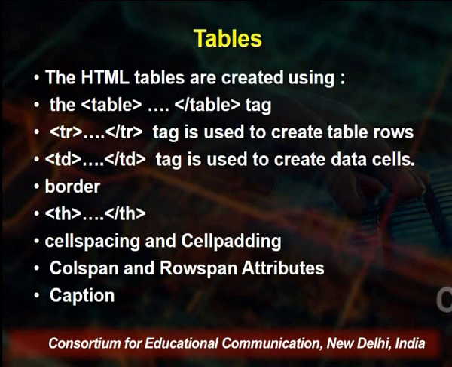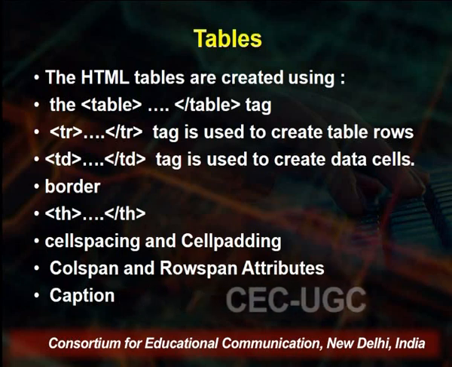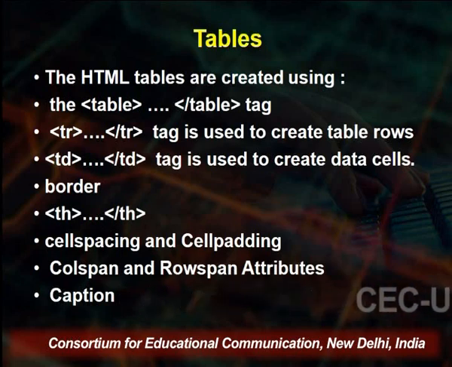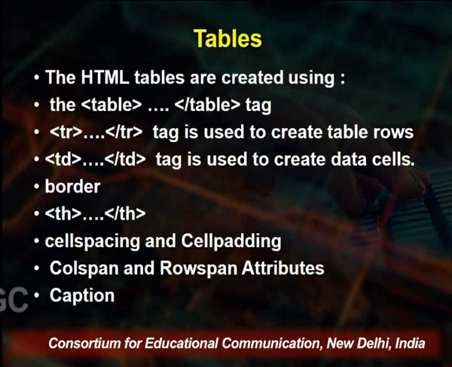So the caption tag is used for specifying the caption or the heading of the table, for labeling the table. Caption is a separate tag which you use within the table tag, and between the caption and closing caption tag you will write the caption or the heading of the table.